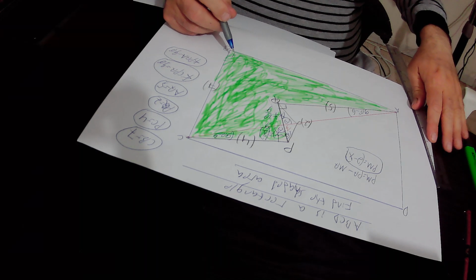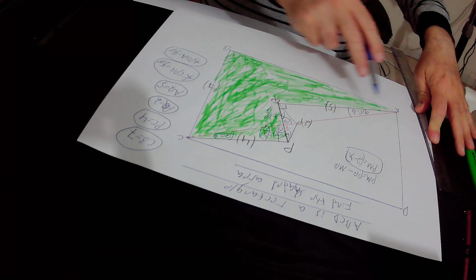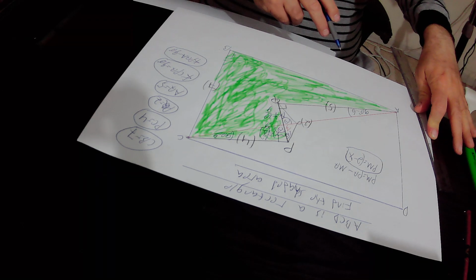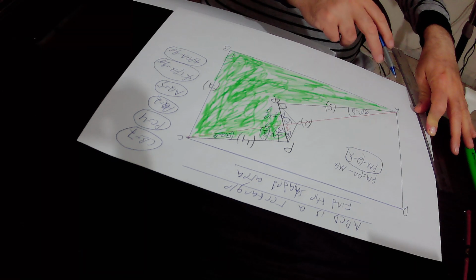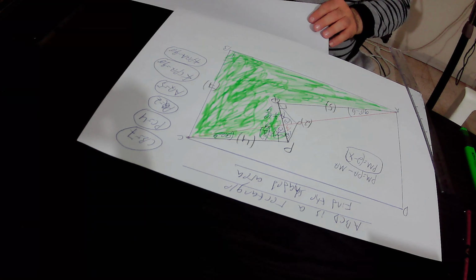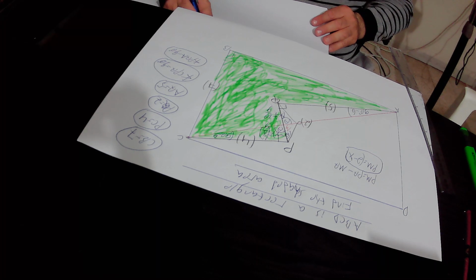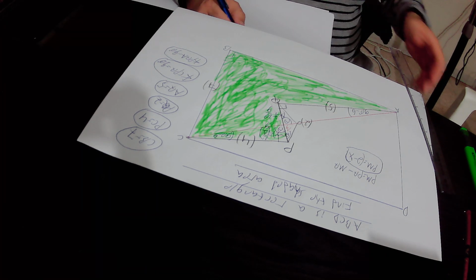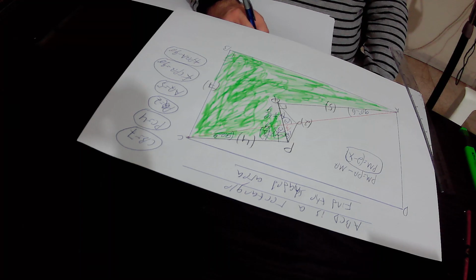So in the next step, I will copy this big right triangle ABC onto a new page, and we will implement the Pythagoras theorem on this right triangle, triangle ABC. Here PT is the abbreviation for Pythagoras theorem.